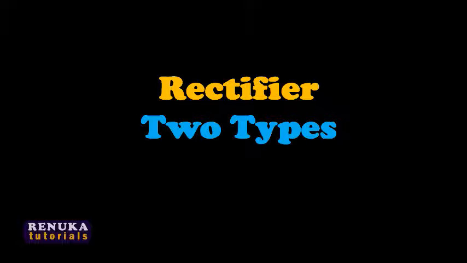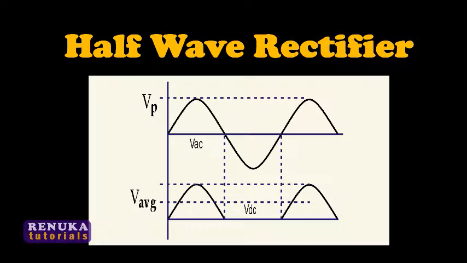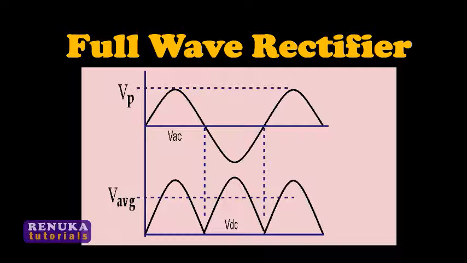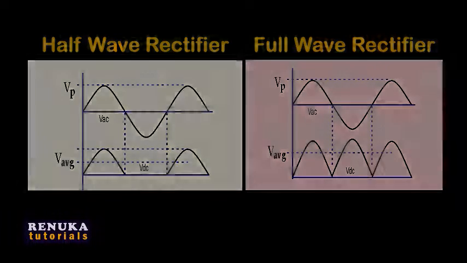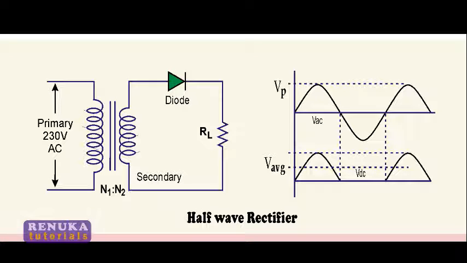These rectifiers are classified into two types. Either it can conduct the half cycle or the full cycle. In both types, the current direction will be the same, so it is unidirectional. Both rectifiers will convert AC into DC. The half wave rectifier has only one diode, while the full wave rectifier is again classified into two types.